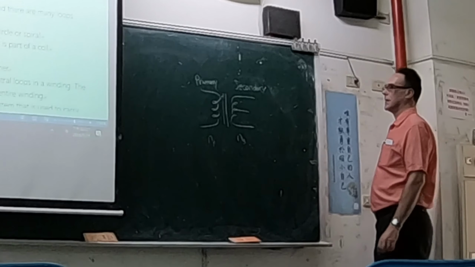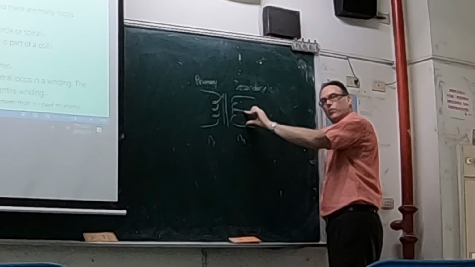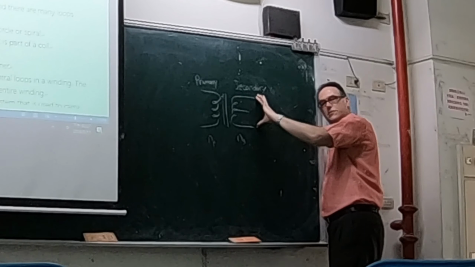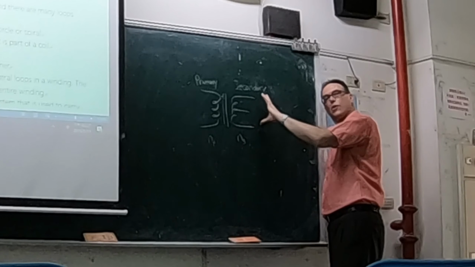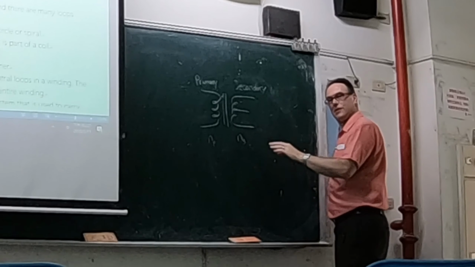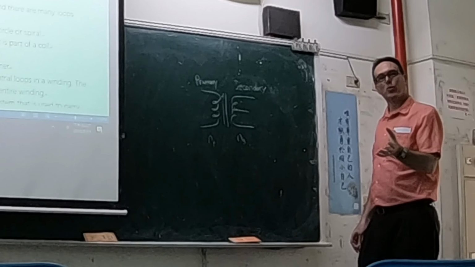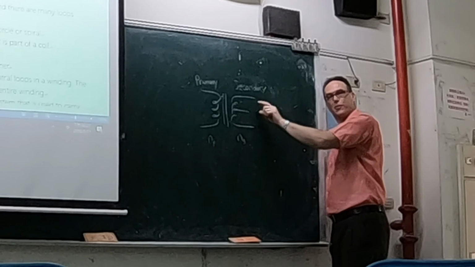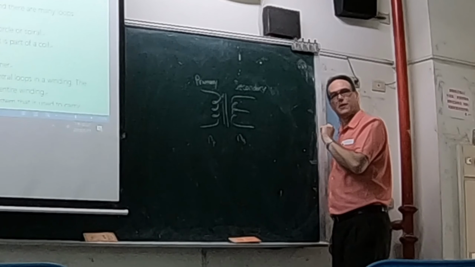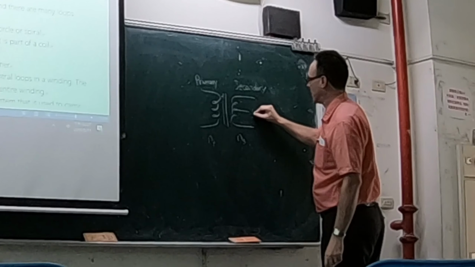Now, since this has a fewer number of windings than this does, then this will be a smaller output voltage compared to the original conductors. So it is possible to choose what voltage you want out of your transformer by selecting an appropriate tap. This is the tap.